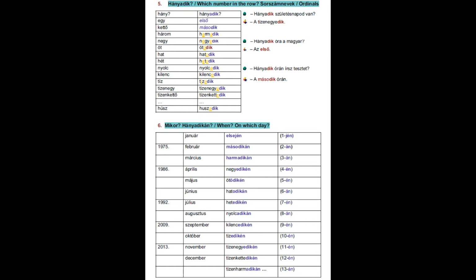On September 9th. Október 10-én. Because on the 10th is what? 10. And on the 10th is 10-én. Correct. Október 10-én. On October 10th.